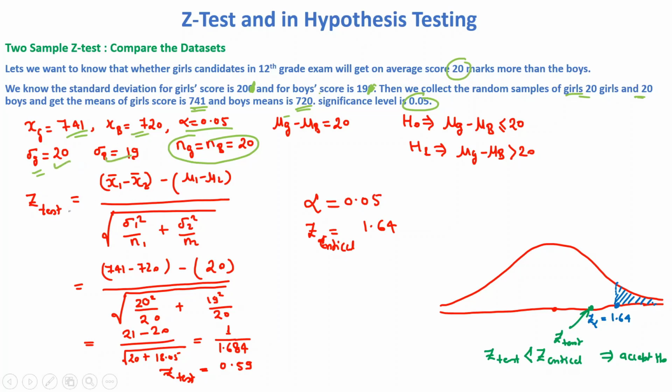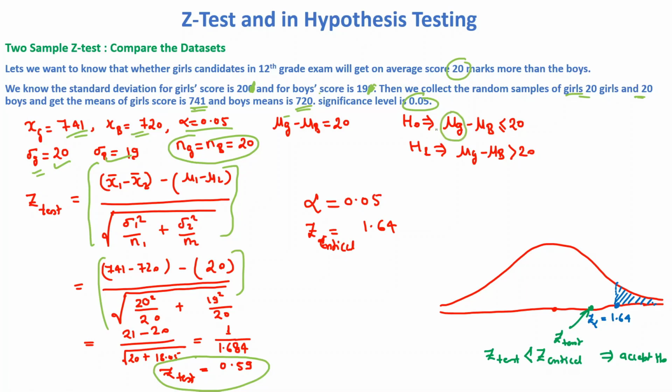Now we have to apply the two sample z-test formula. We will apply all those values. After that, you will get the z-test value equal to 0.05. So what is the null hypothesis? The null hypothesis would be that girls in the 12th grade exam will get an average score 20 marks more than the boys.